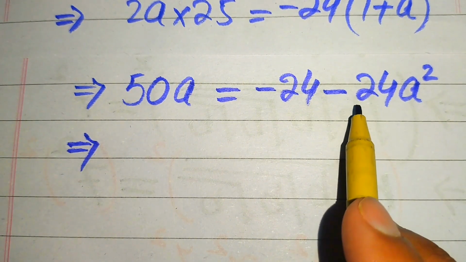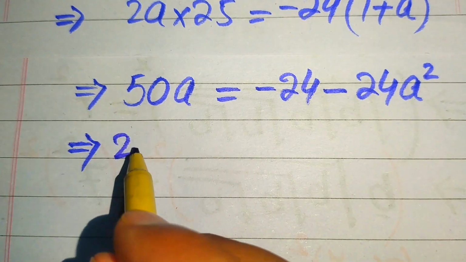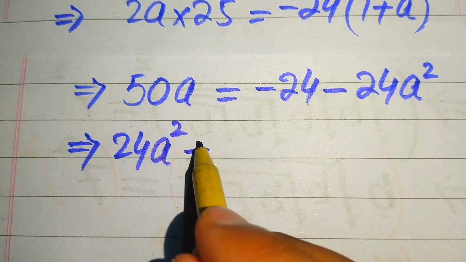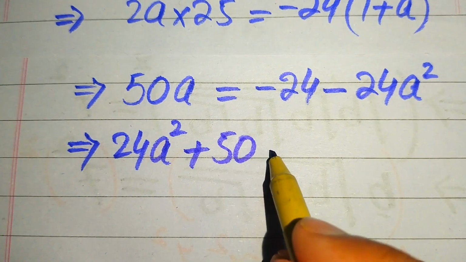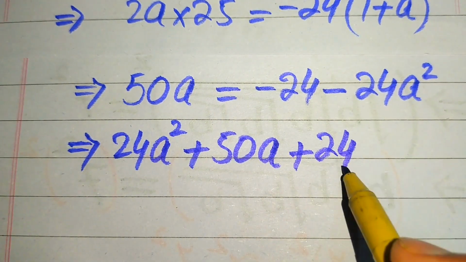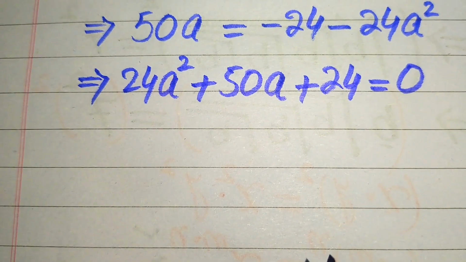This minus 24 times a squared, when we move it to the left hand side, becomes 24 times a squared plus 50 times a. This minus 24 also becomes plus 24, and this whole equation is equal to 0.